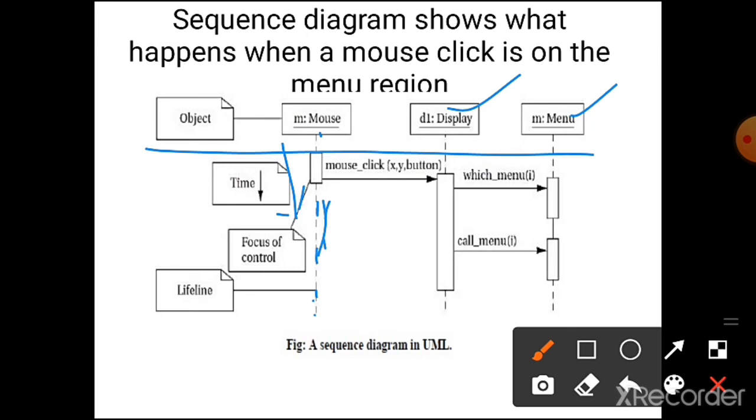In this case, all the objects remain alive for the entire sequence. The mouse object is active only long enough to create the mouse click event. When the mouse click event is activated, the display object remains active longer.